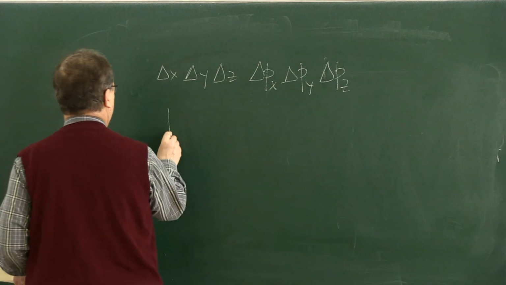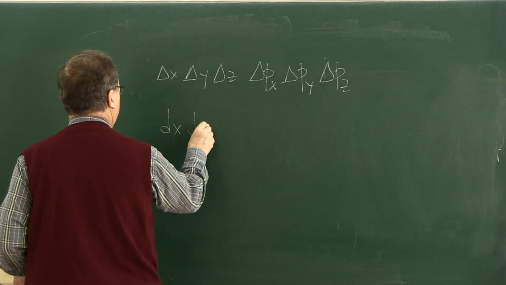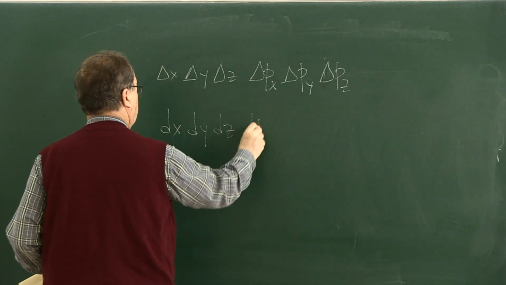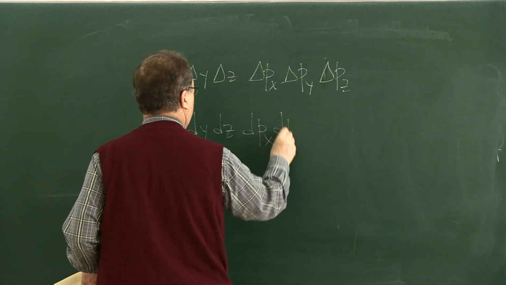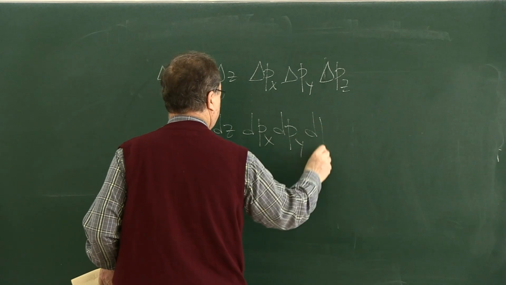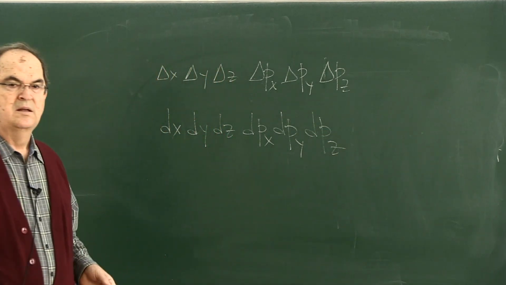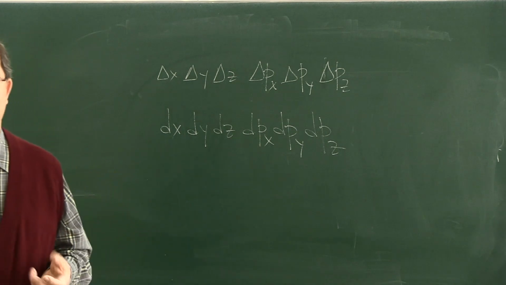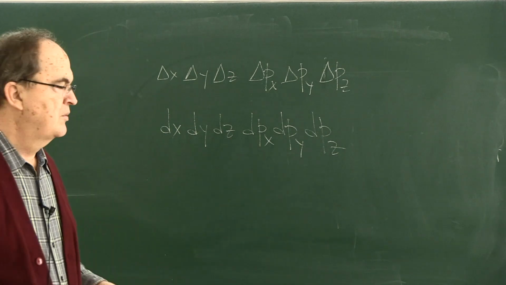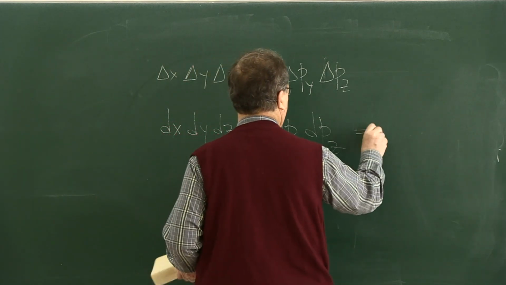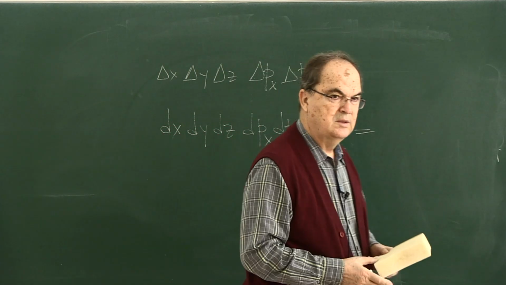Or you can think about this as dx, dy, dz, roughly speaking, dpx, dpy, dpz. This is going to define a fundamental volume. What will be the result for this? Of the order of what?